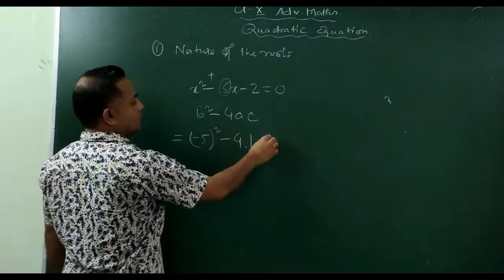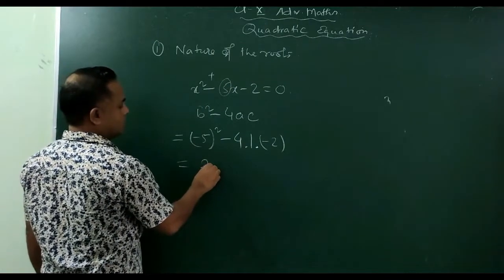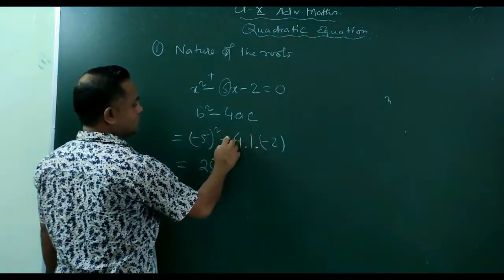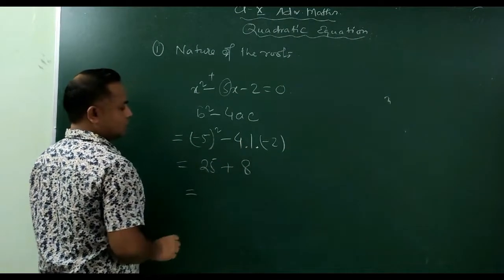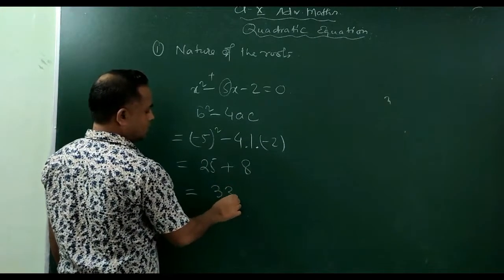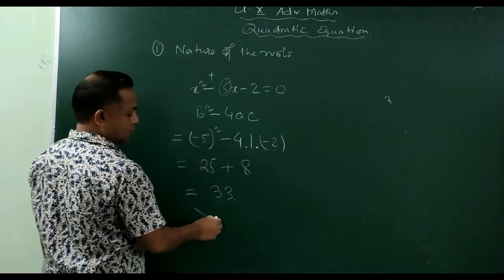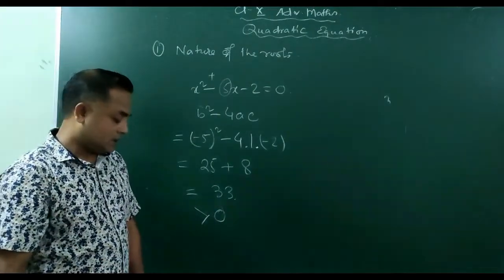Then c is minus 2. So it becomes 25, since the square is positive. Minus and minus is plus, 4 times 2 is 8. So 25 plus 8 is 33, which is greater than 0.